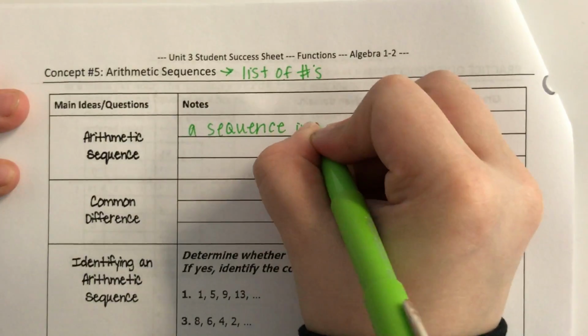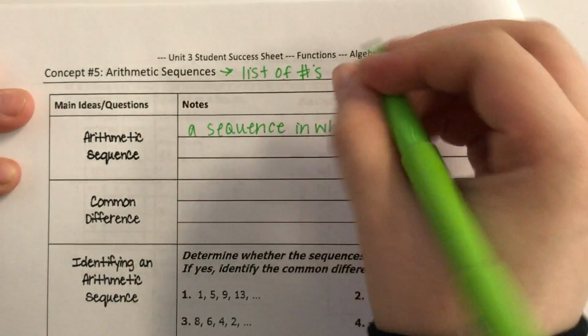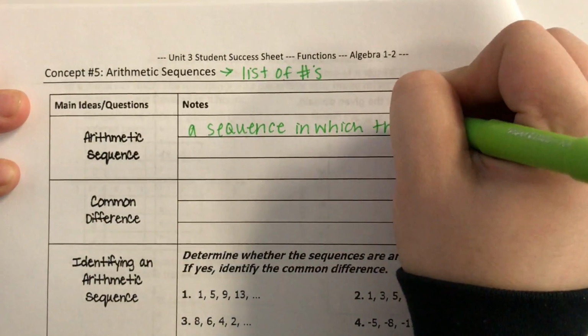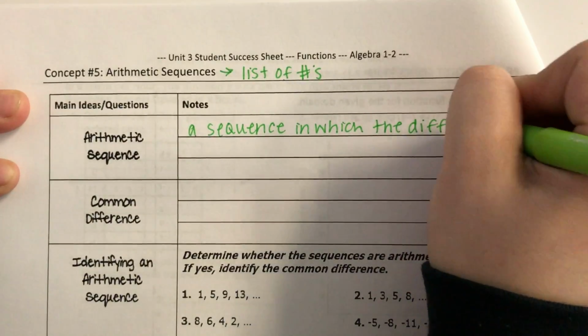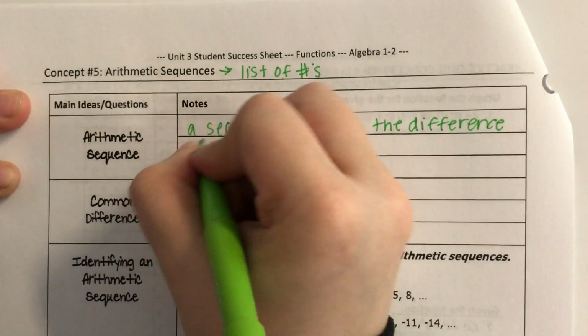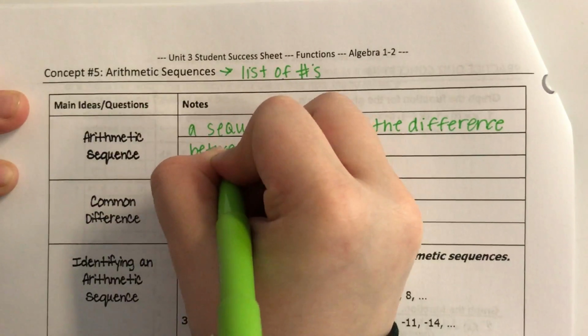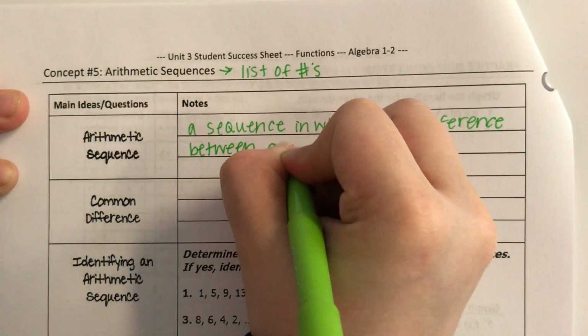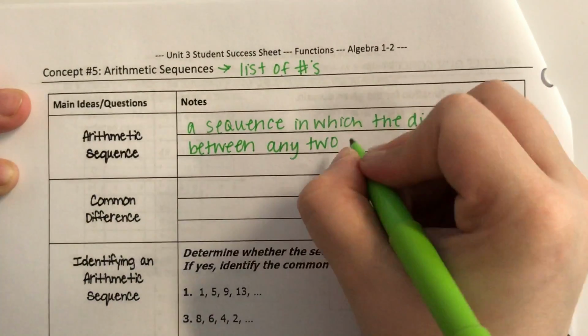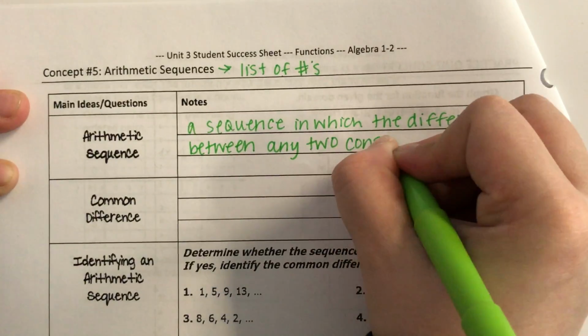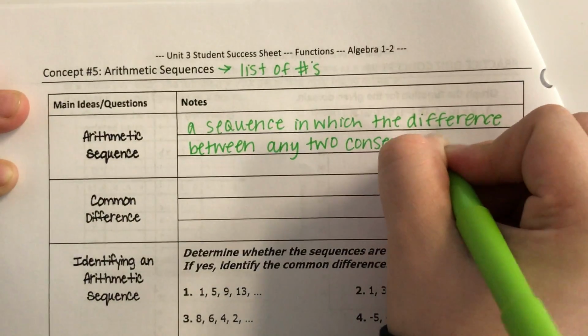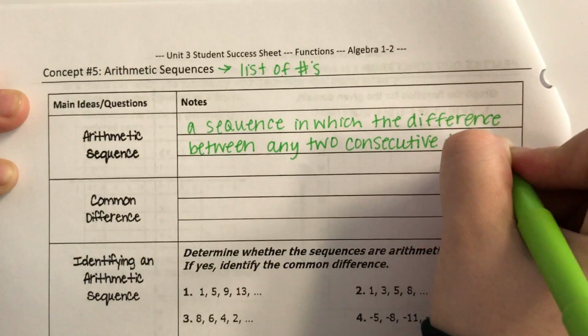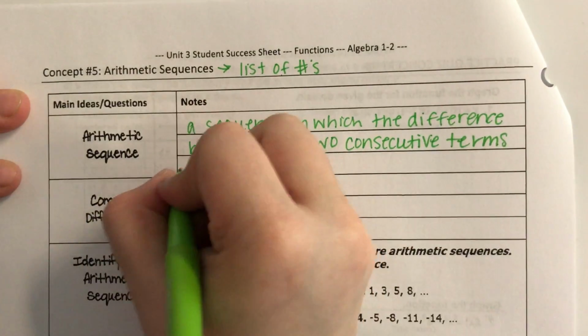in which the difference between any two consecutive numbers, or consecutive terms, terms are just the numbers, consecutive means right next to each other, is constant.